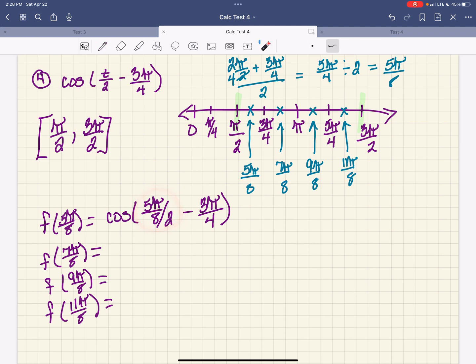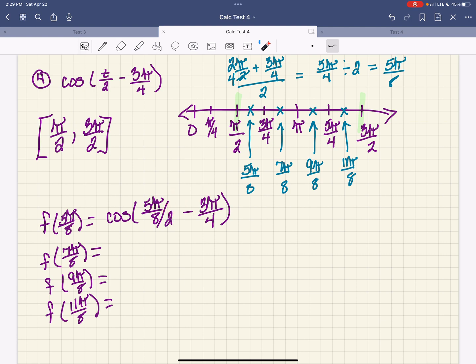You're plugging the 5 pi over 8 in for t. So we have 5 pi over 8 divided by 2, which is the same thing as multiplying by 1/2. So you have to be careful with that: 5 pi over 8 divided by 2 is the same thing as 5 pi over 8 times 1/2.